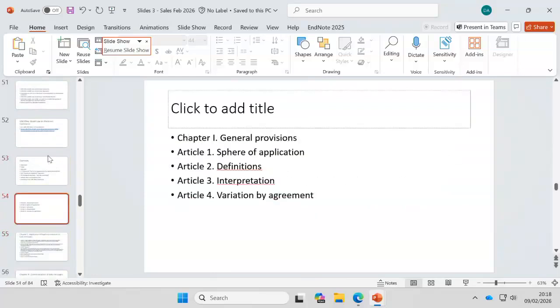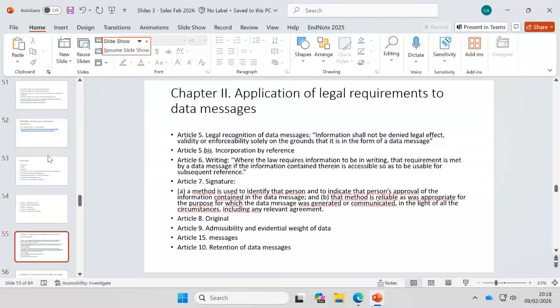Structure: general provisions, sphere of application, definitions, interpretation, and variation by agreement. And the key point is this idea of legal requirements applied to data messages.